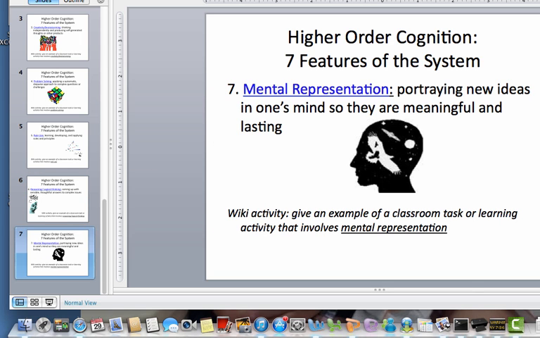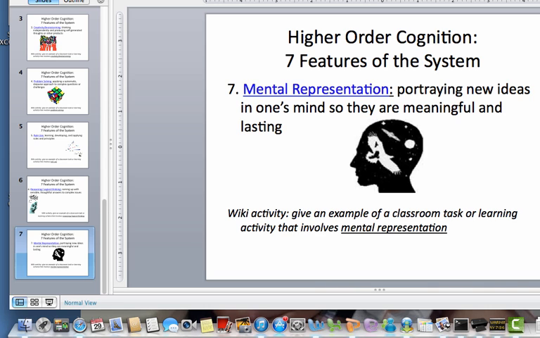The final feature of the system we'll be describing in terms of higher order cognition is mental representation. Now, this is defined as portraying new ideas in one's mind so that they are meaningful and lasting. For students that struggle with language, mental representation is a quite common and key approach to supporting their language recall, development, and improvement of skills.